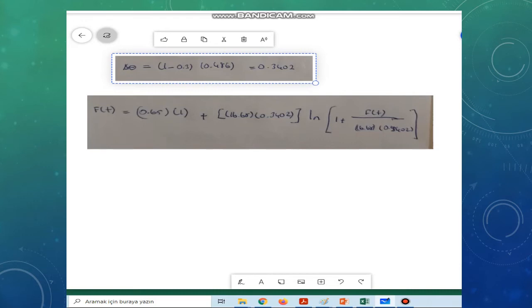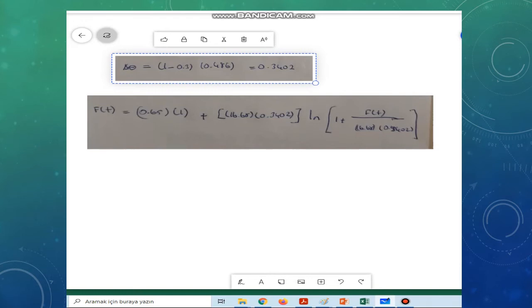What we need to do is give one number here, and then check if it fits. It's going to be the same answer. So it's an iterative procedure.